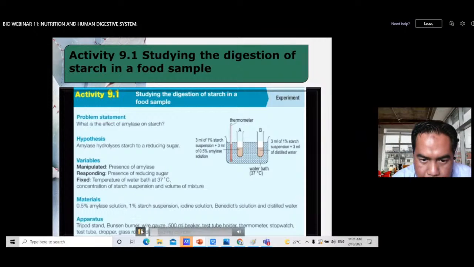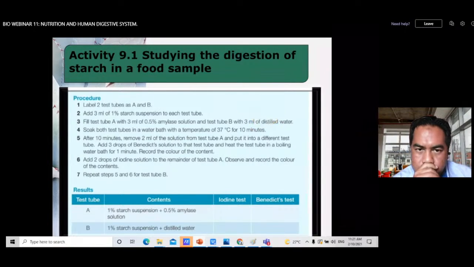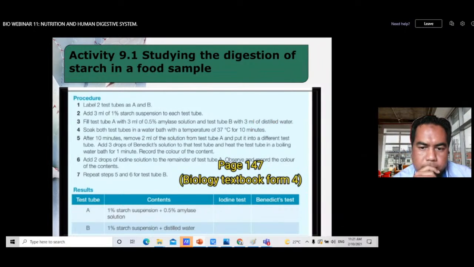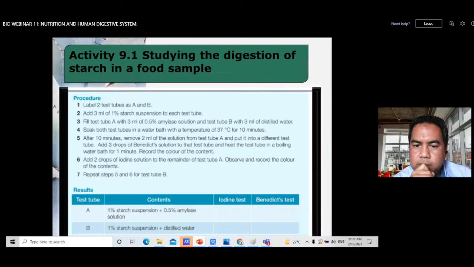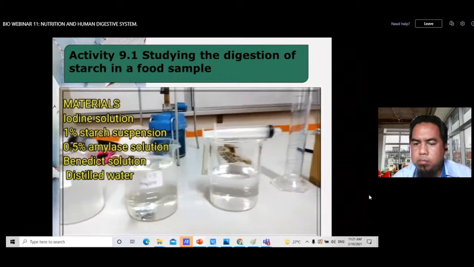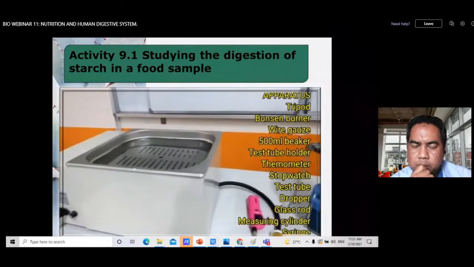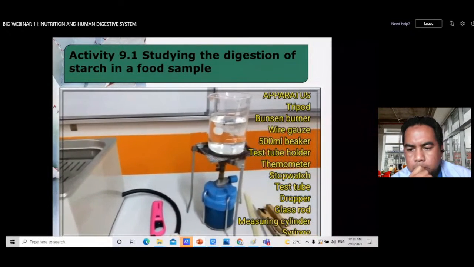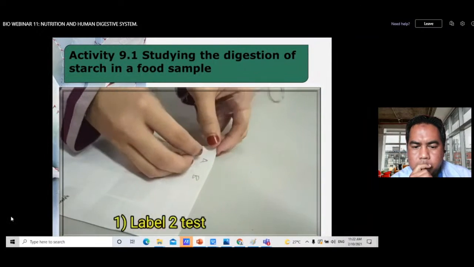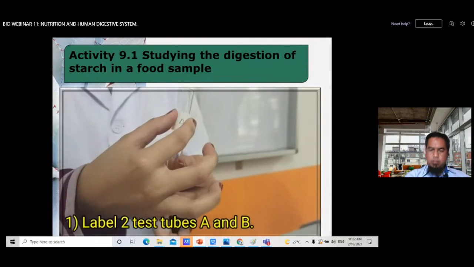Okay, so let's continue the video. Then, please run the experiment according to the given procedure. Please do the experiment step by step. For this experiment, student can refer page 147 in the biology textbook form 4. Let's start the experiment. First, label two test tubes A and B by sticky notes.